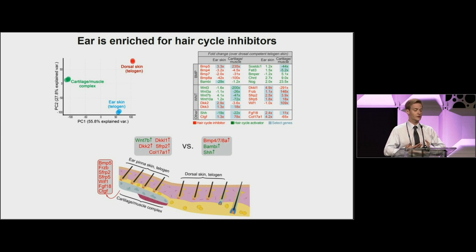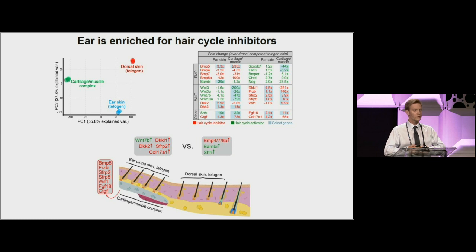Just as a side note, BMP5 mutant mice were one of the first transgenic mice for which the gene was actually defined, and these mice are also called short ear mice because they have short and malformed ears. So BMP5 is a necessary autocrine factor for normal cartilage morphogenesis, and by association it also affects hair cycle dynamics in ear hair follicles.